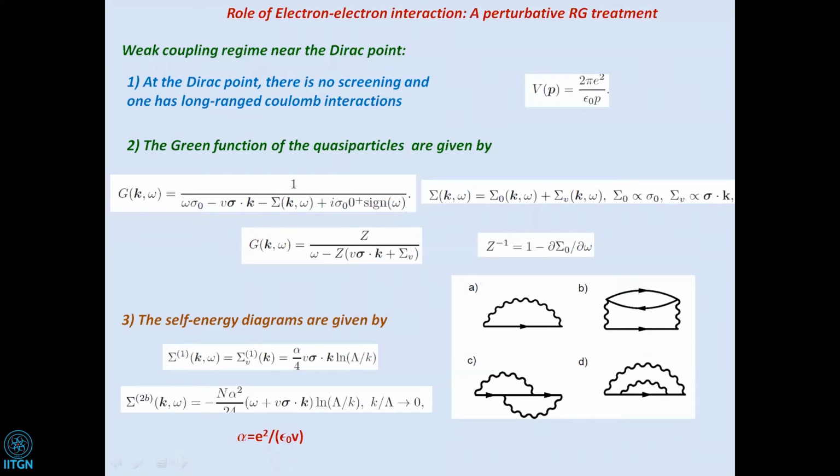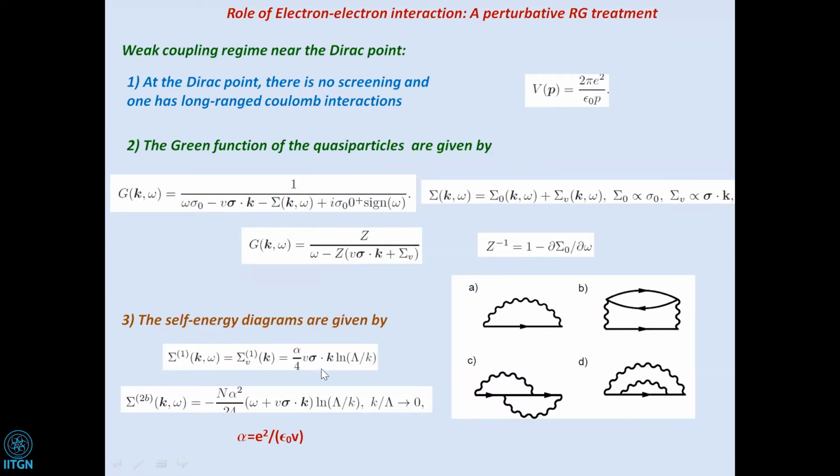But what I'm going to tell you is basically that if you do a perturbative calculation, taking 0.7 to be still a small number, you find that your Green's function now has self-energy corrections due to electron-electron interaction.